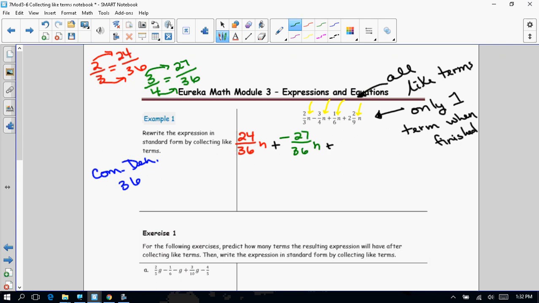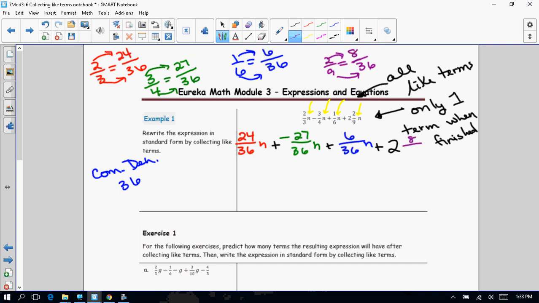Plus, now how many times does 1/6 become 36? 6 goes into 36 6 times, so 1 times 6 is 6, so 6/36n plus, and I'm going to leave my 2, and I'm going to change the 2/9. How many times does 9 go into 36? 4 times. 4 times 2 is 8. 8/36n.